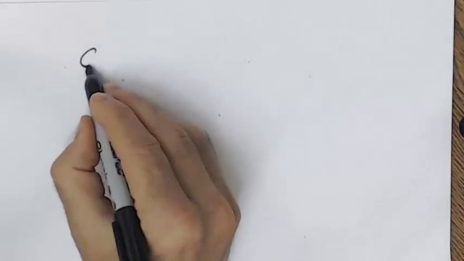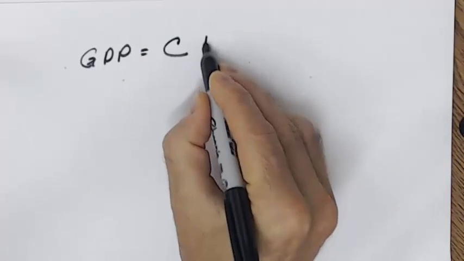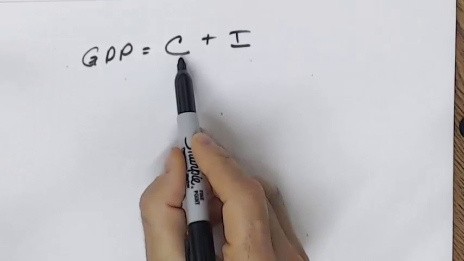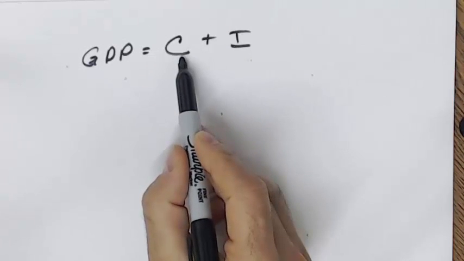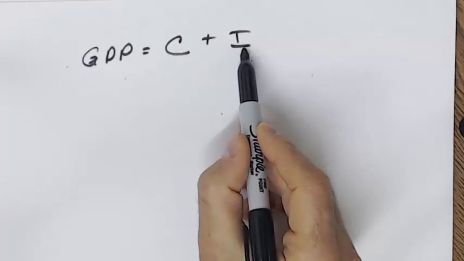So we have in this chapter GDP, gross domestic product, is equal to expenditures. So this production is made up of consumption expenditures by households and investment by firms.